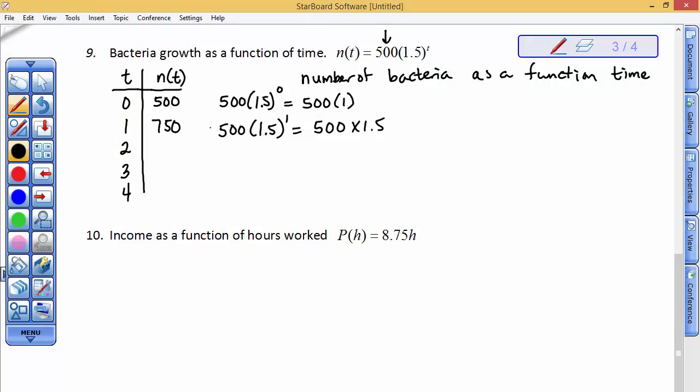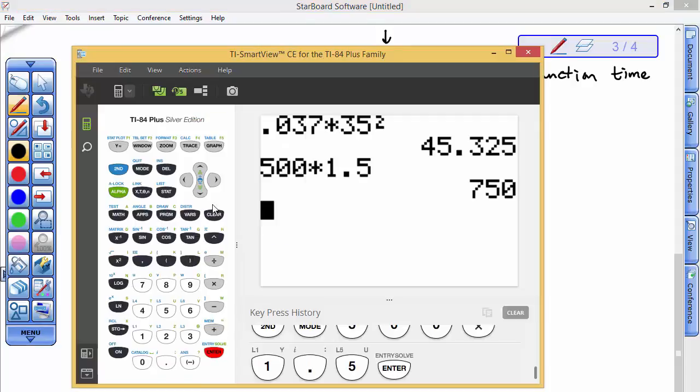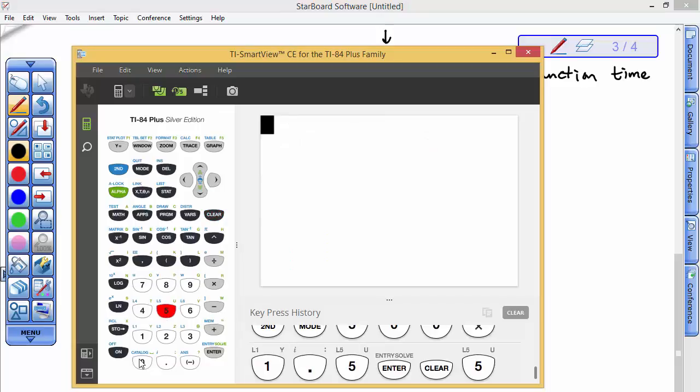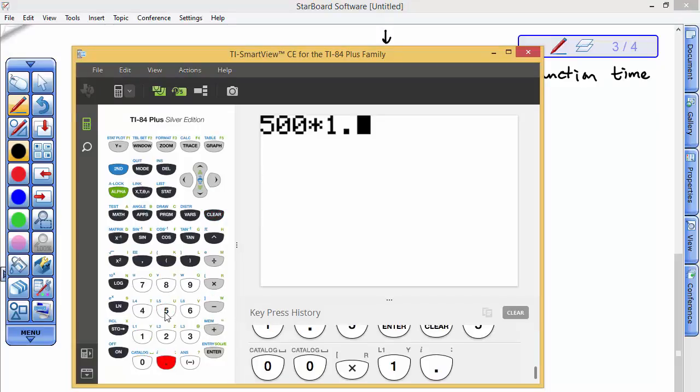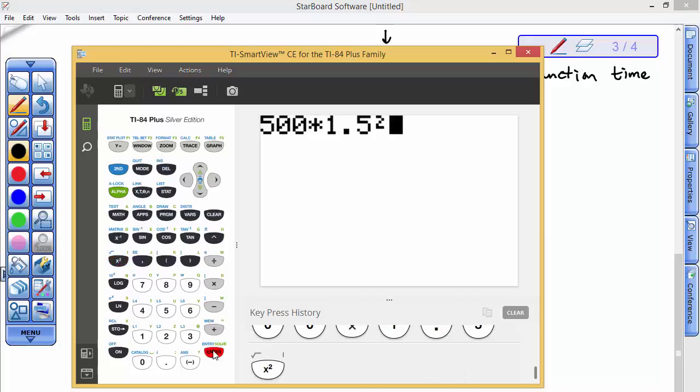When I put a 2 into this function, 500 times 1.5, I want to square that 1.5. So I'm actually going to type that in the calculator as you see it. So 500 times 1.5 to the second power, and that tells me we'll have 1,125 bacteria after 2 hours.